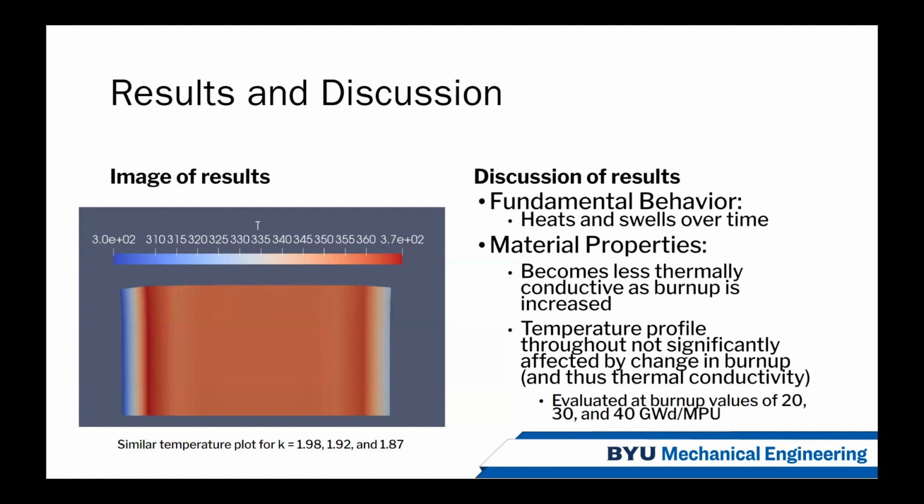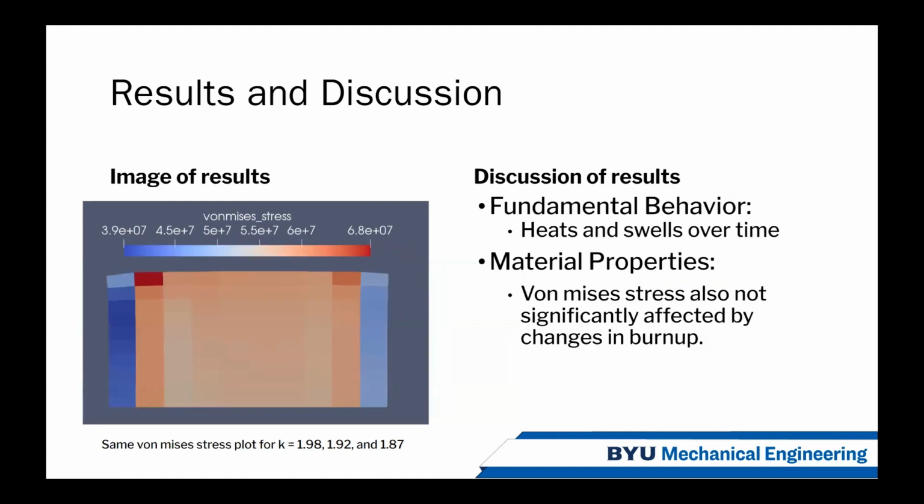The temperature wasn't affected very much. And also the von Mises stress similarly wasn't affected very much by changes in thermal conductivity. The fundamental behavior we observed was similar, that there was heating and swelling over time, as well as stress concentrations in certain areas where dislocations may have built up.